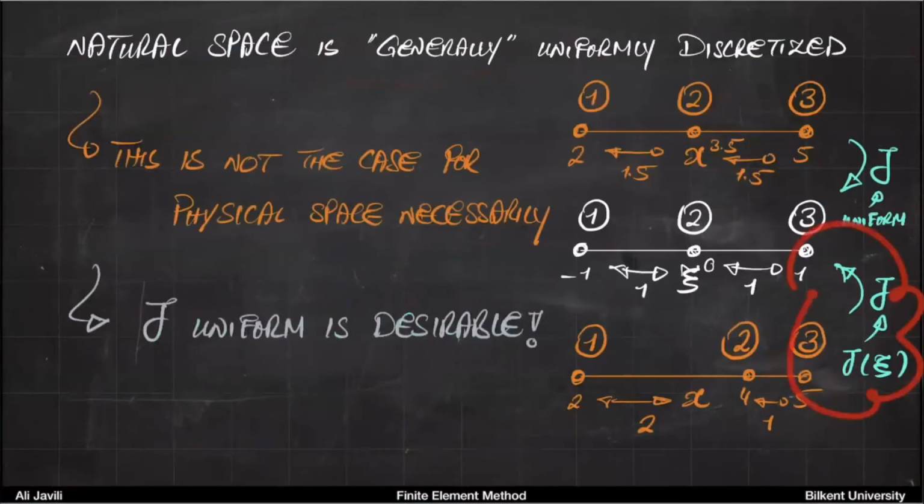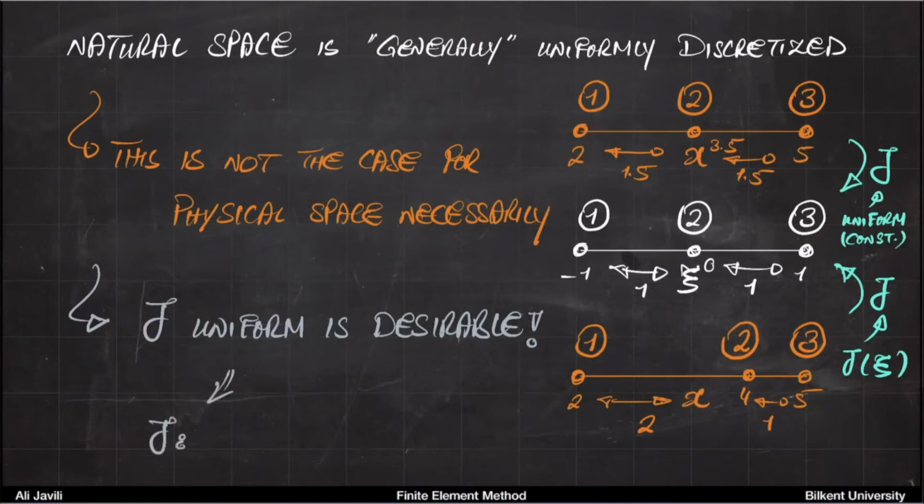The best choice is to use a linear approximation or a uniform quadratic approximation such that you know J is constant, and then you know the order of G and F would be equal. Remember, I call J uniform, but I mean constant, obviously. So if uniform mapping is desirable, that means J is constant.